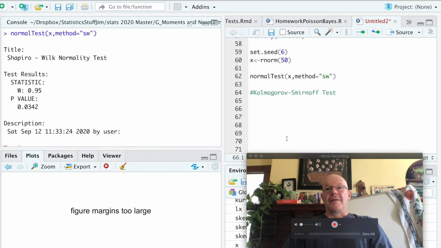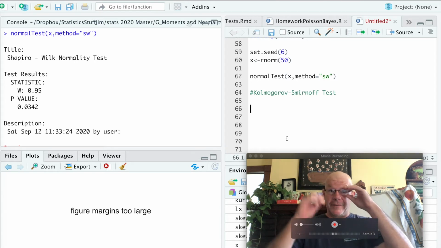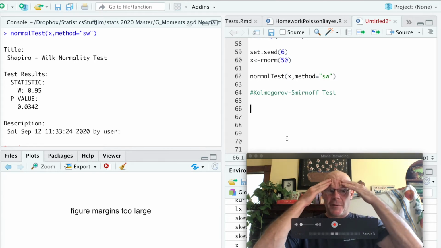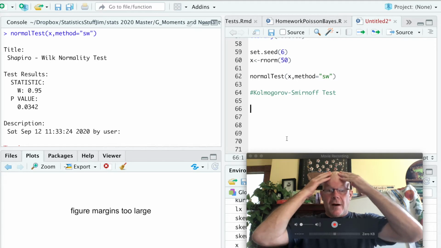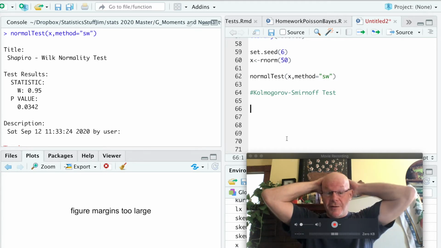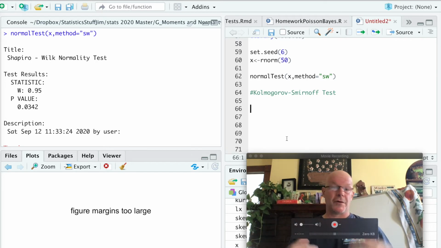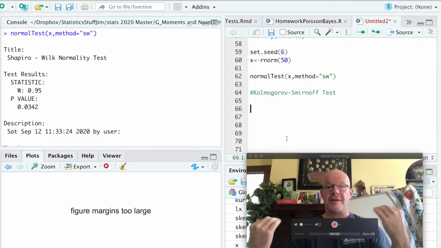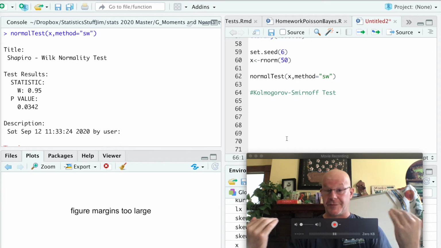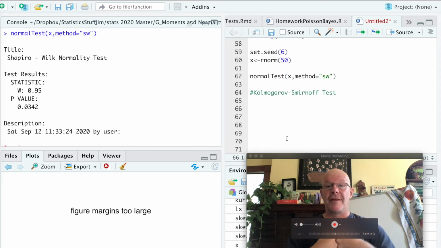And this is probably one of the more common ones that at least I see in the literature. And the sad thing is that it's probably one of the worst. This test was originally developed to compare just two distributions.